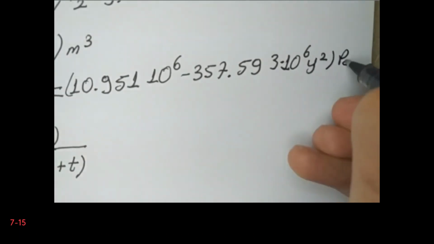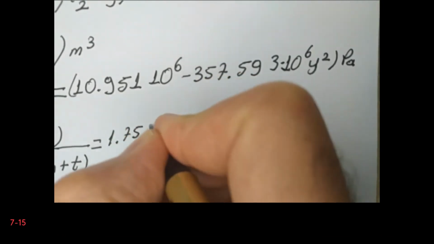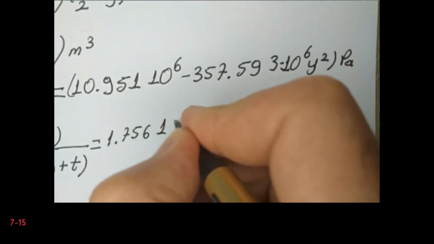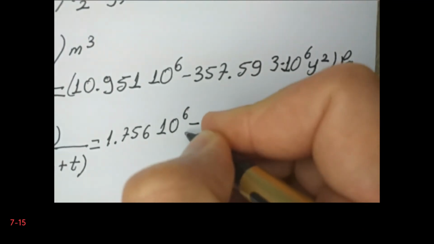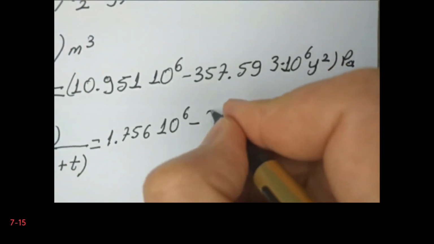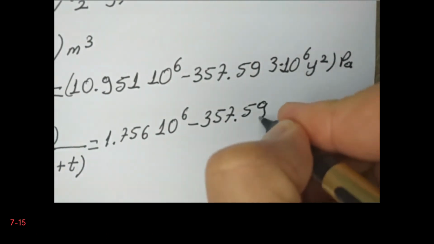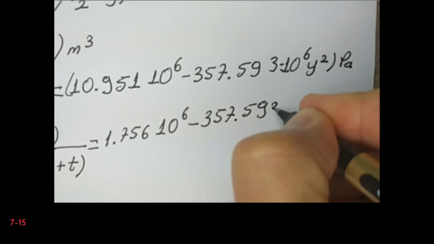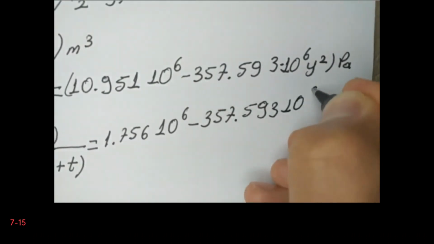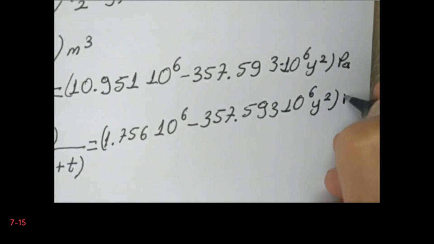So T2 is 1.756 10 to the power 6 minus 357.593 10 to the power 6 y square, and the unit is again pascals.